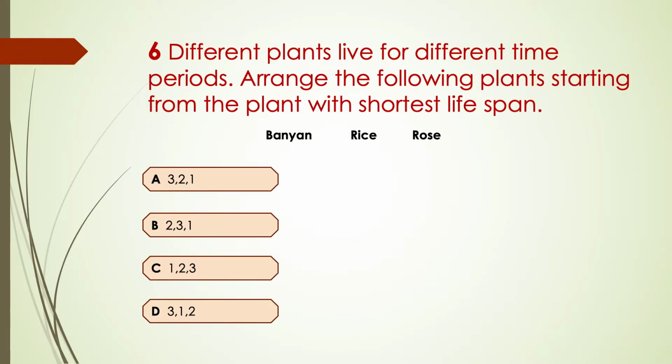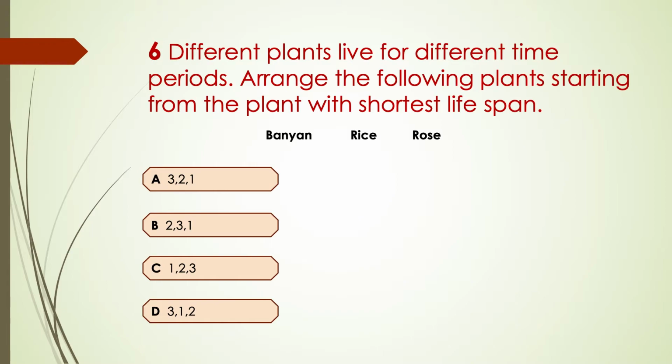Different plants live for different time periods. Arrange the following plants starting from the plant with the shortest lifespan. Banyan, rice, rose. Option A, 3, 2, 1. Option B, 2, 3, 1. Option C, 1, 2, 3.